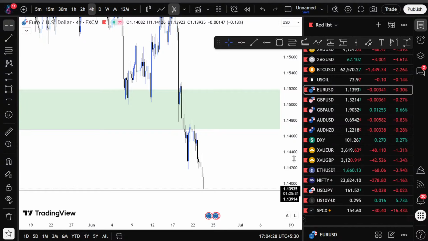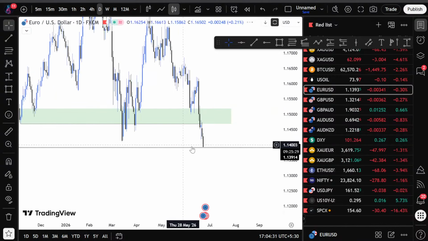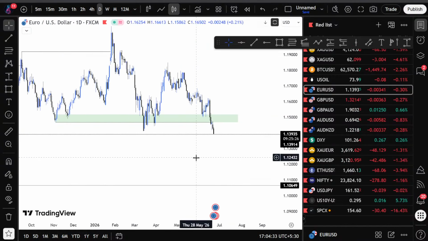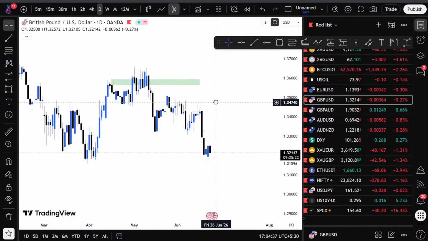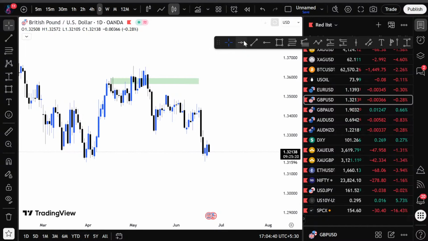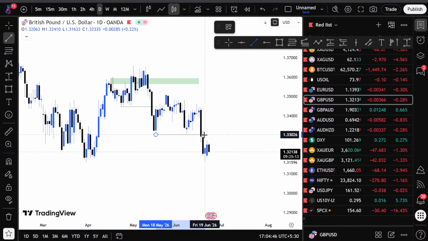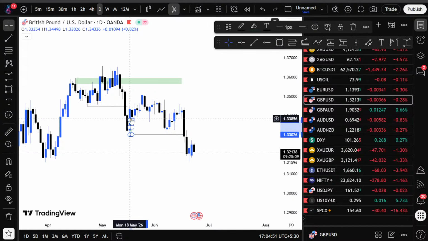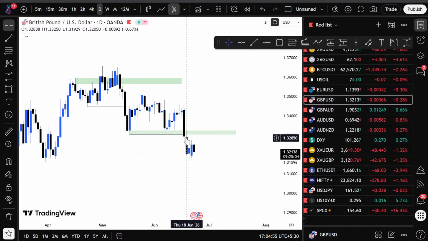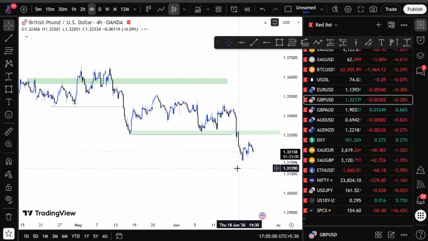Euro is bearish. GBP, change of character, break of structure, mitigation block, break, test and drop, 4-hour time frame.